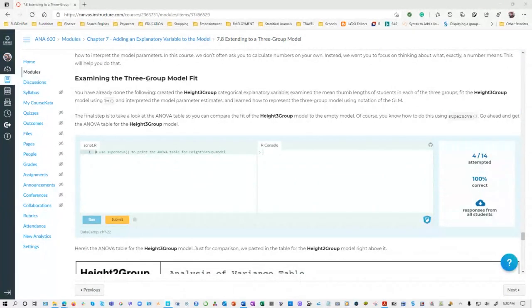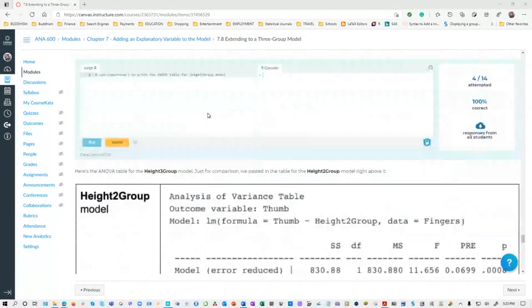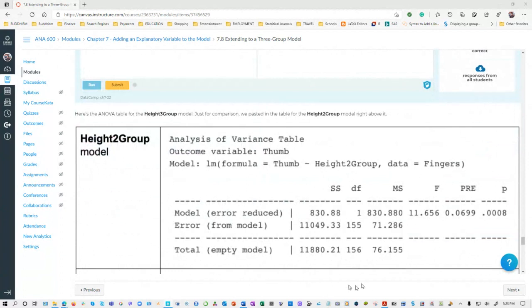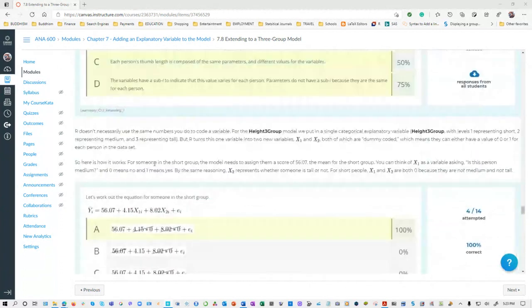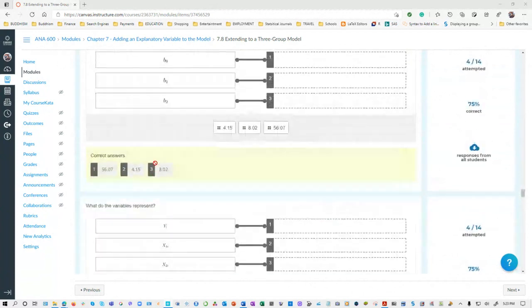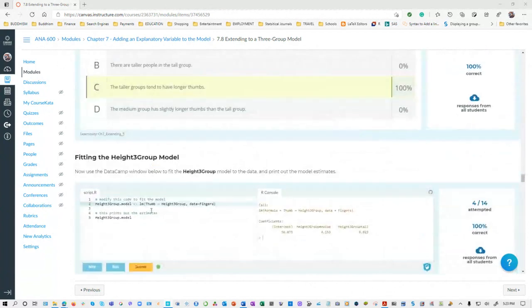And then let's check the three-group model; let's fit this one and get this model. See, still the same. The sum of squares total would be the same. I'm going to call this one height 3 groups.